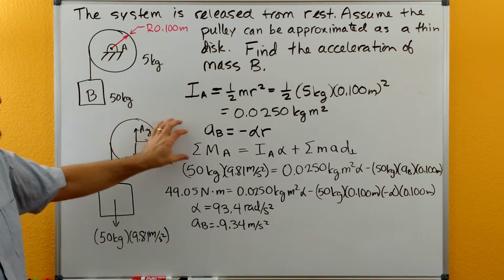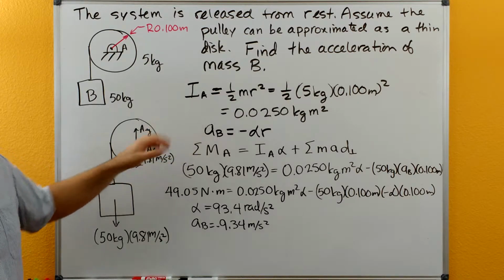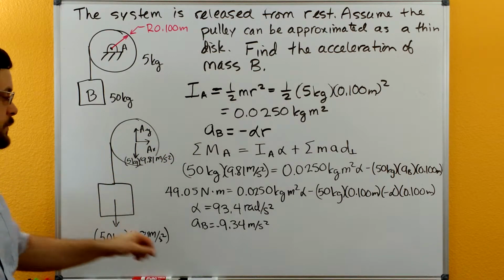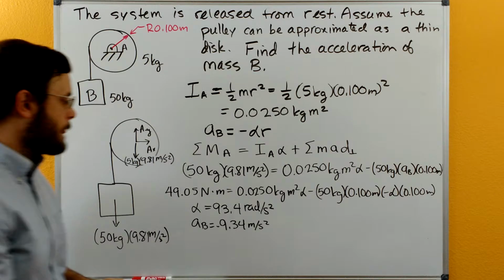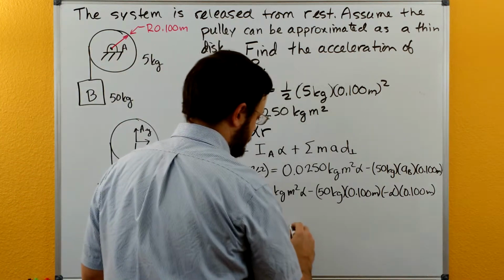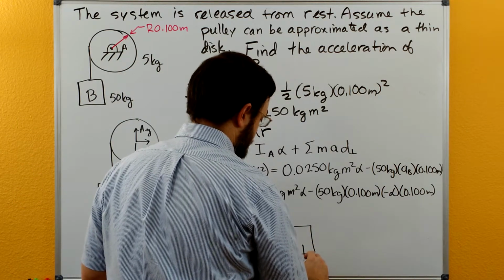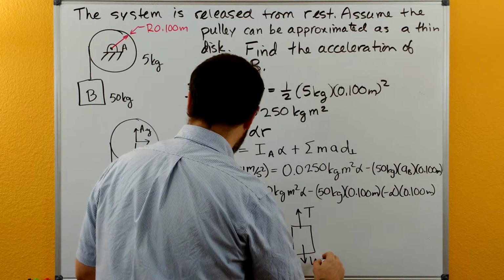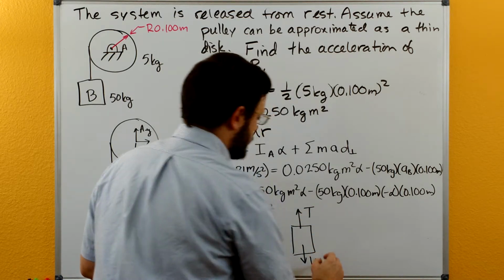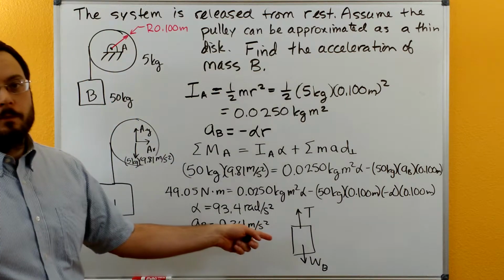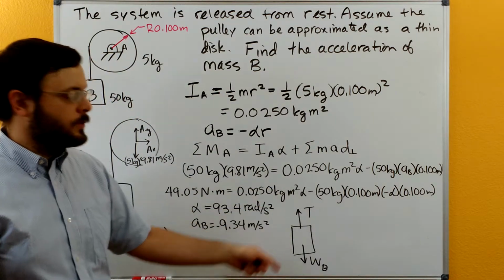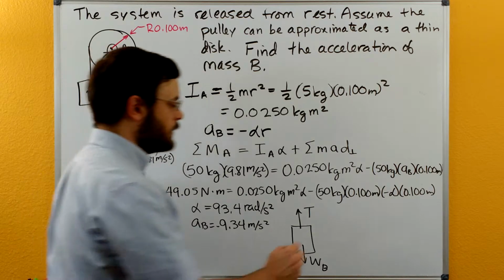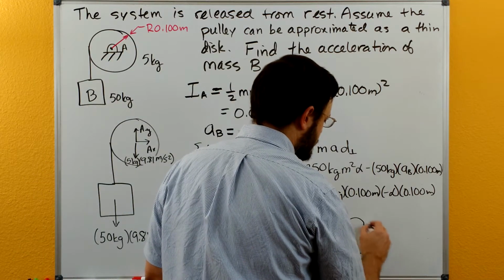If you don't like solving it this way, the other way to do this is to break it up into two different free body diagrams. So you have the free body diagram for the mass, you have the tension, and then you have the weight from the mass, and then you have your free body diagram of the pulley.